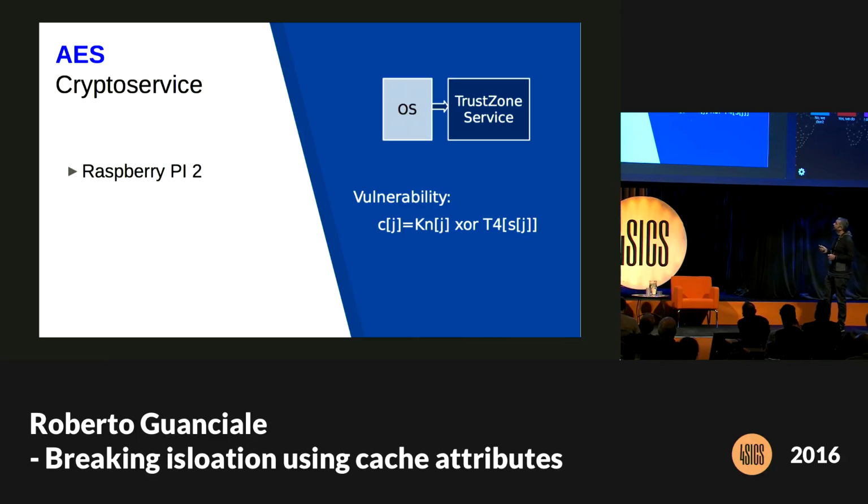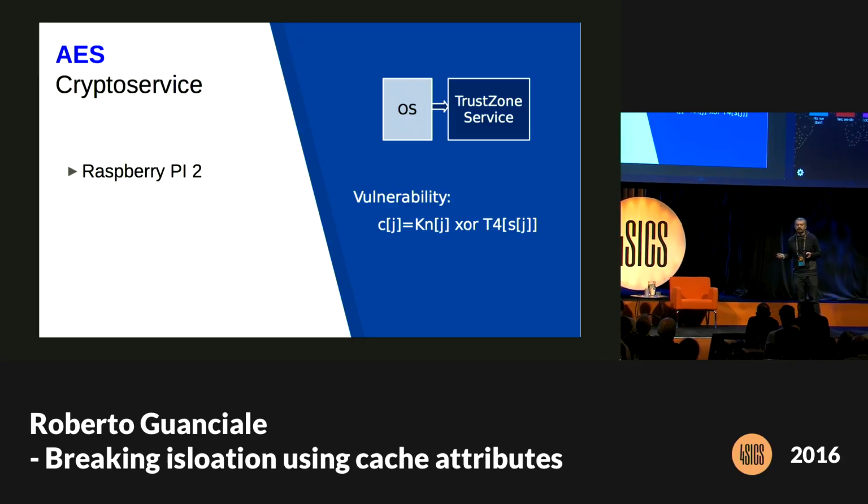The ciphertext is computed by XORing the last round with the key, and the last round is basically an index that is used to access a public table, an S-box table. So this is a well-known vulnerability of AES, but until now it has been only exploited using timing channels.